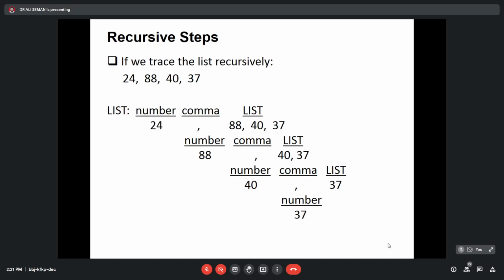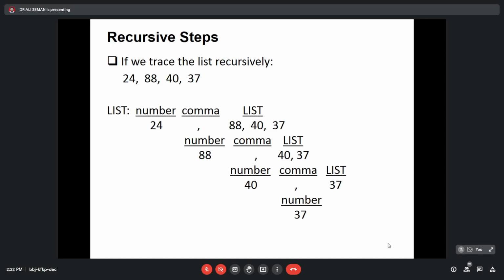And when we break down to become smaller, we have the remaining three elements of the list, 88, 40, 37, and apply the next rule, where we have the number 88, comma, and the remaining 40 and 37. Okay. And finally, we have 40, comma, 37. And finally, we have only a single element, 37, which is the stopping criteria.